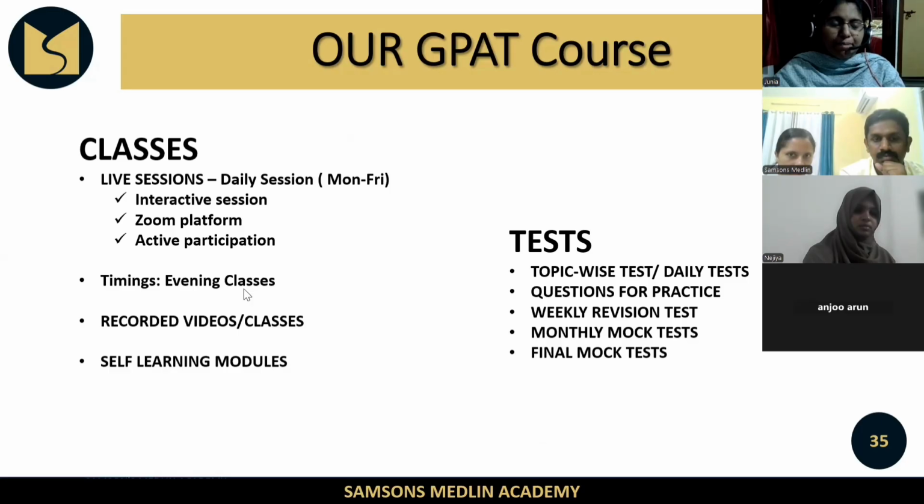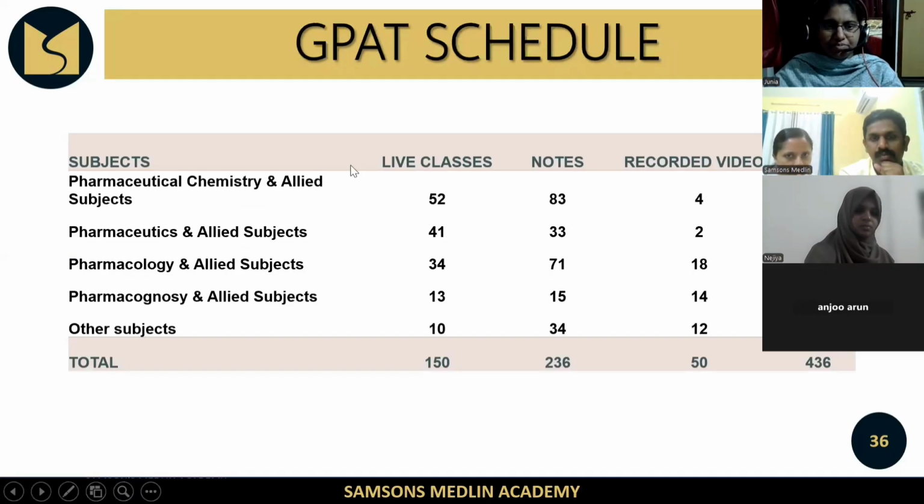Apart from the live classes, you will have recorded classes and self-learning modules. And we have already discussed the tests that we will be providing you. In one of the previous slides, we saw how much importance each subject has, like 38 questions coming from pharmaceutical chemistry and pharmaceutics.